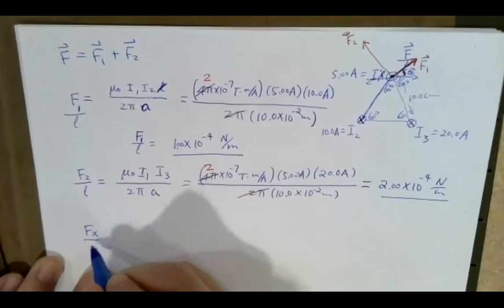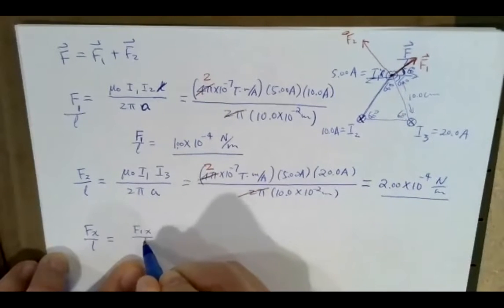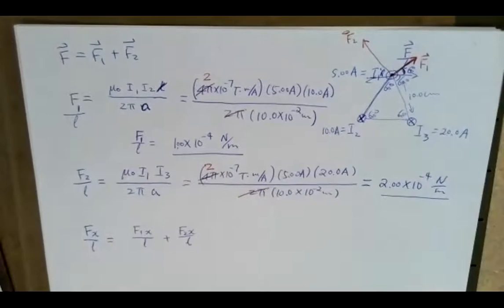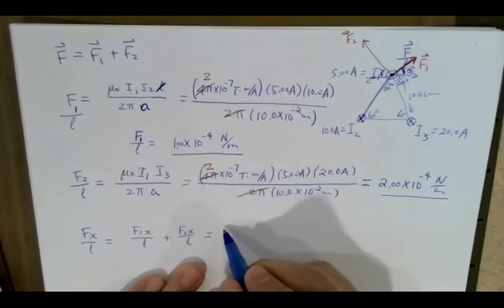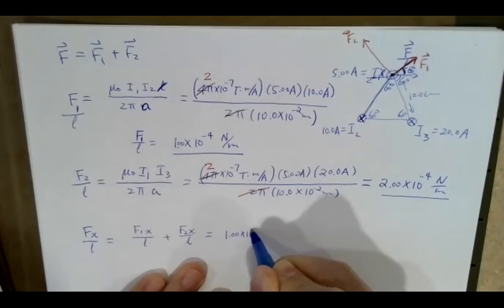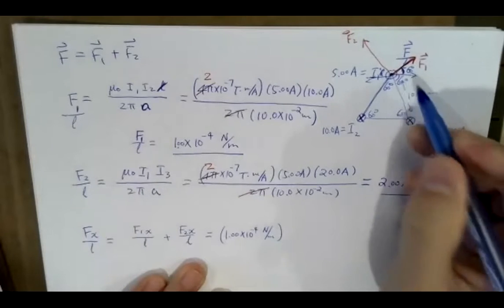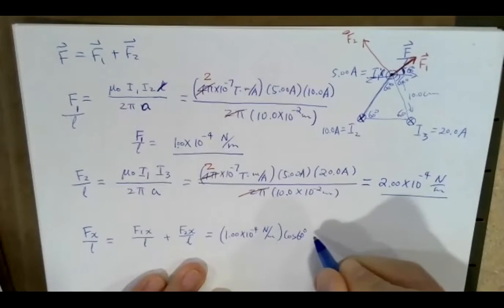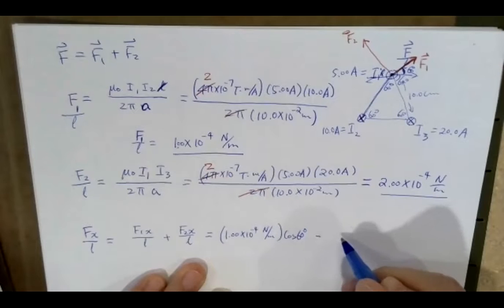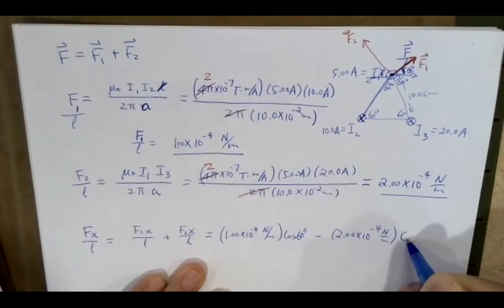The total force per unit length, X component, should be equal to F1X per unit length plus F2X per unit length. F1X should be this guy, 1.00 times 10 to the minus 4 newtons per meter, times cosine of 60. Now this F2 is in the negative direction, so minus 2.00 times 10 to the minus 4 newtons per meter times, again, cosine 60.